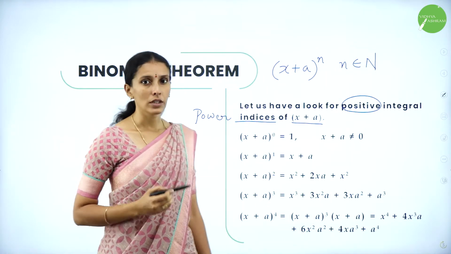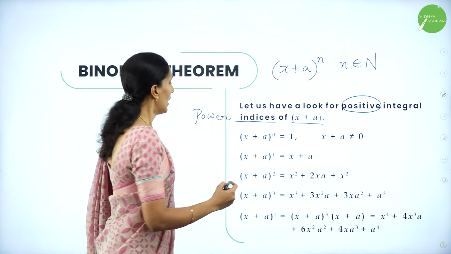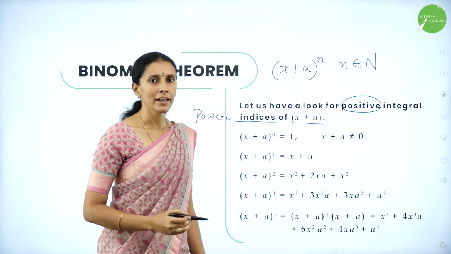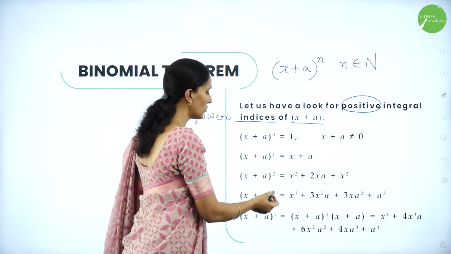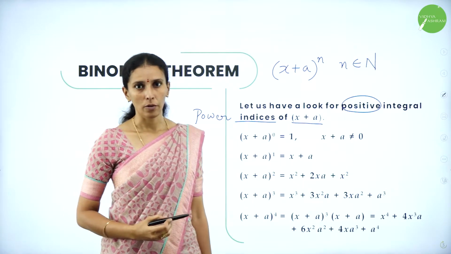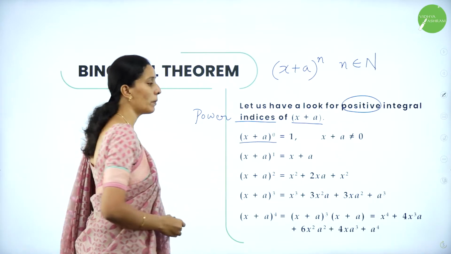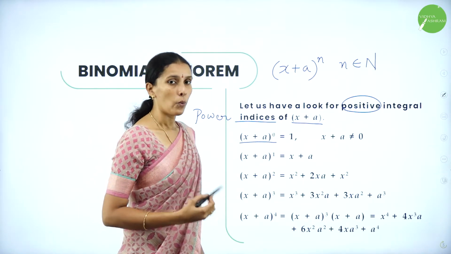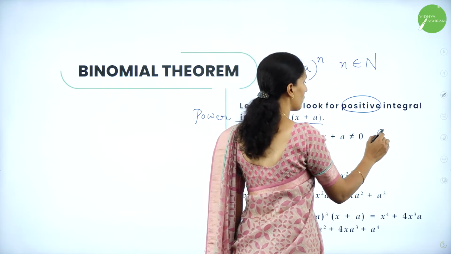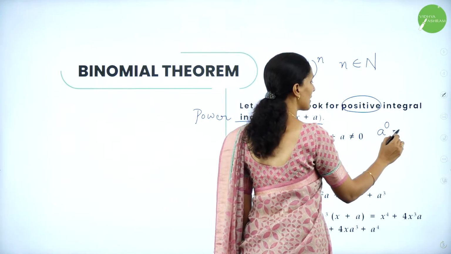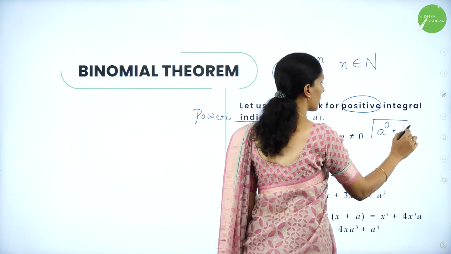Before going to the binomial expansion, let me study what happens to the binomial expansion whenever you have the power 0, 1, 2, 3, 4. You can clearly say x plus a whole power 0 is 1. Why? We know from the laws of indices, anything to the power 0 is always 1.